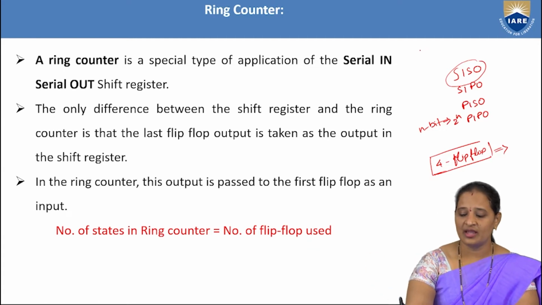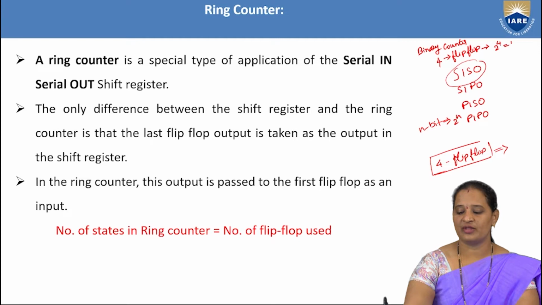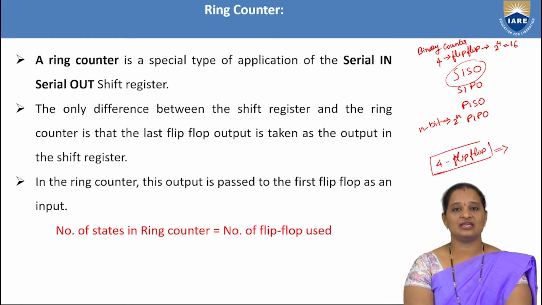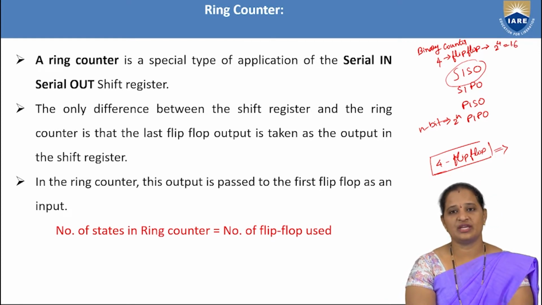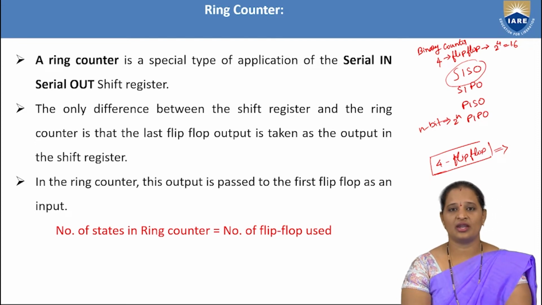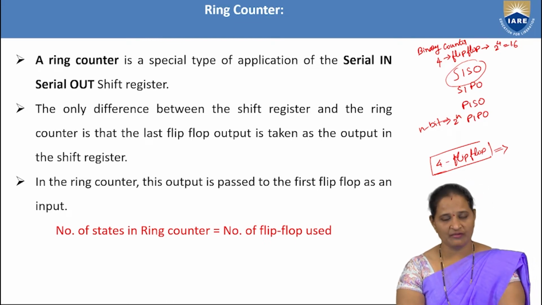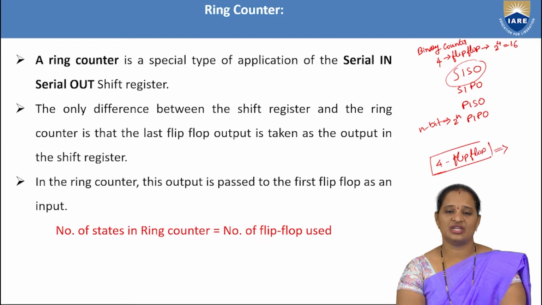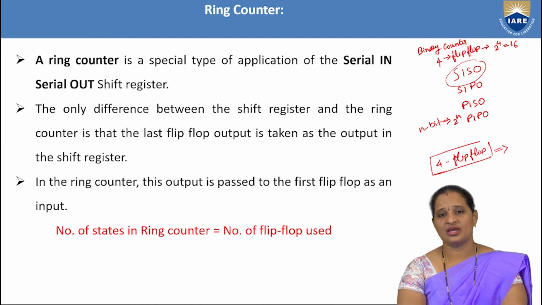Whereas if a binary counter is designed using 4 flip-flops, I can count a total of 2 power 4, that is 16 pulses. In the ring counter, the number of states that it can undergo is equal to the number of flip-flops used. If I use 4 flip-flops, the number of states is equal to 4.